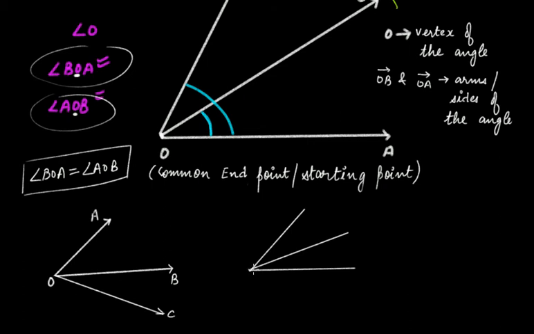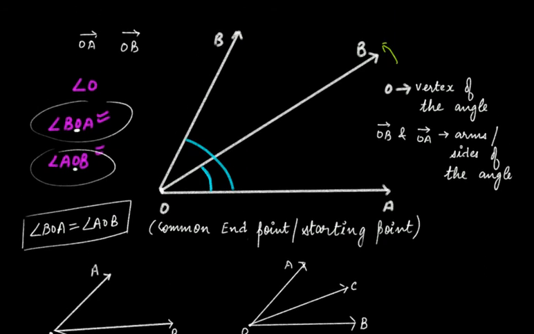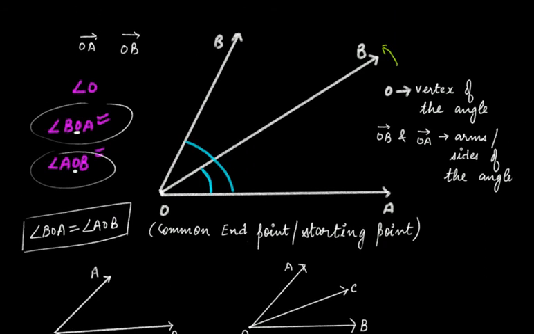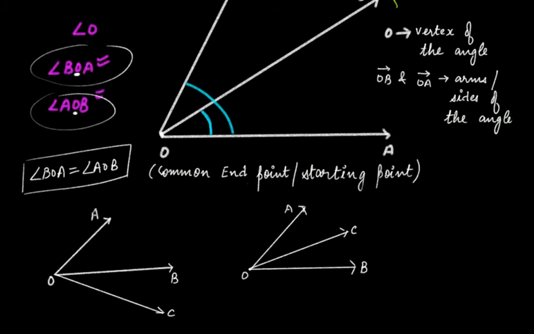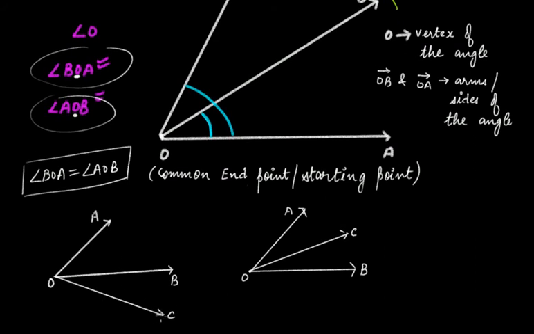So it's O, it's A, it's B, and this is C. So what I have done is I have taken a third ray, OC. Like here we had OA and OB, in this case I have taken this third ray, OC.